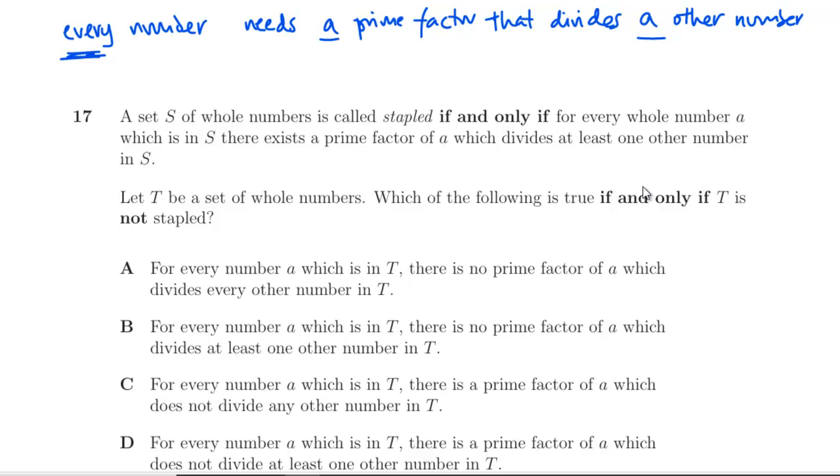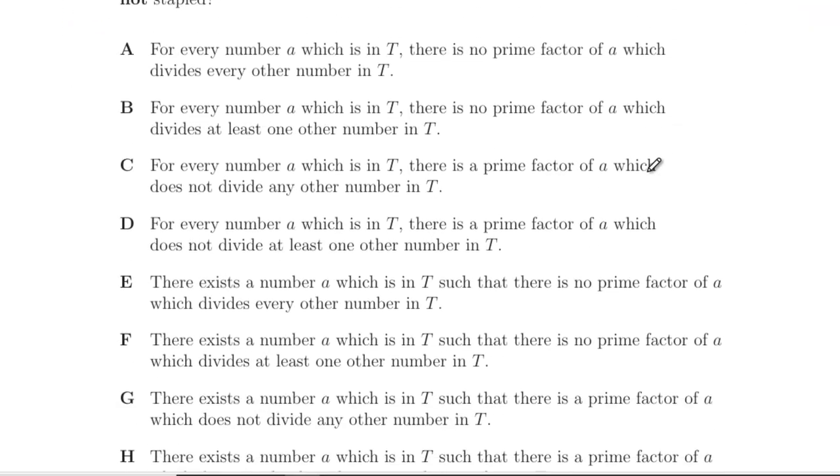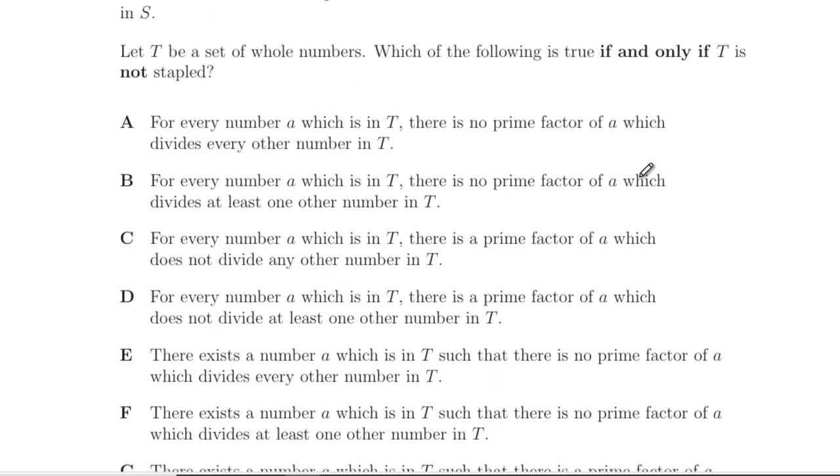So we've got for every number in A, I mean, that's already going to fall down on these. How have they split these answers? They've got every number, or there exists a number. Yeah, so it's definitely going to be there exists, because we only need one number that doesn't fit. We don't need every number to go wrong.